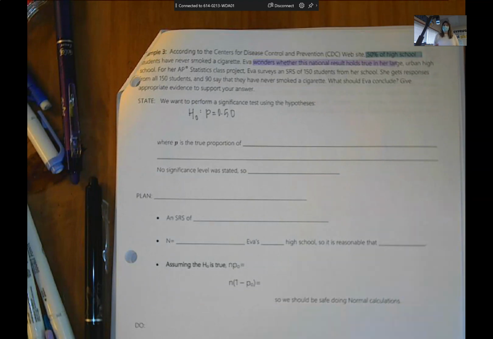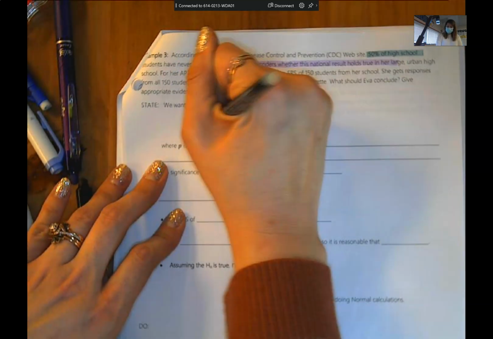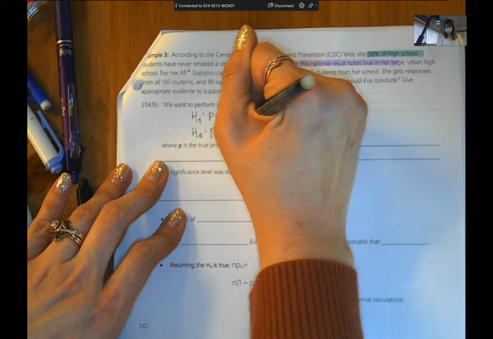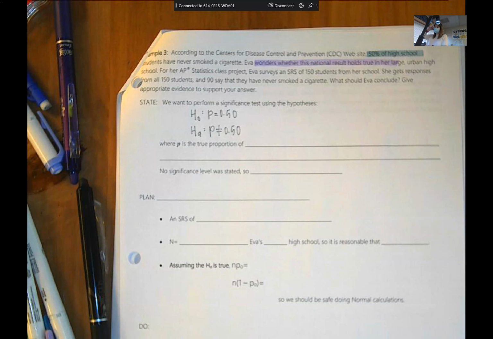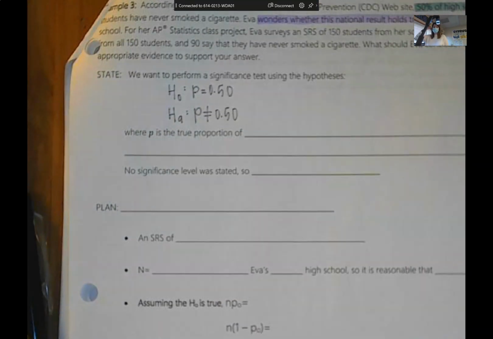She's just saying she wonders if it's true, which means that our alternative is a two-sided test or a two-sided alternative hypothesis. We're testing that it's not 50%. So it could be more, it could be less.